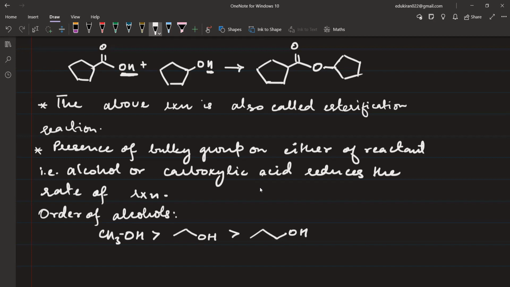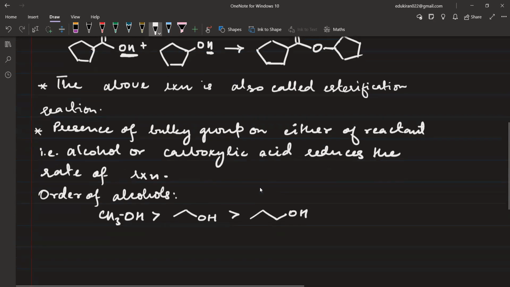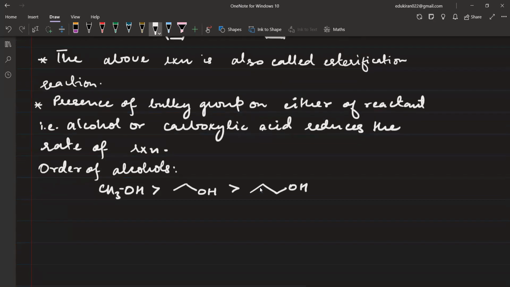So if you increase the number of carbon atoms, then the rate of reaction is going to be slower. Similarly, I can also write 1 degree alcohol is fastest, followed by 2 degree alcohol, and followed by 3 degree alcohol.